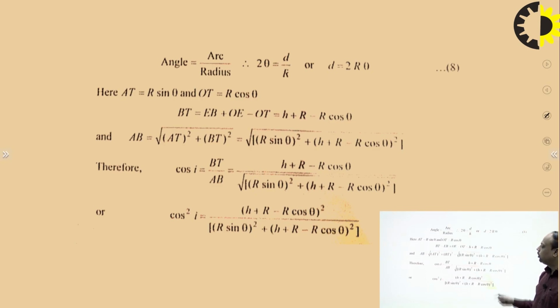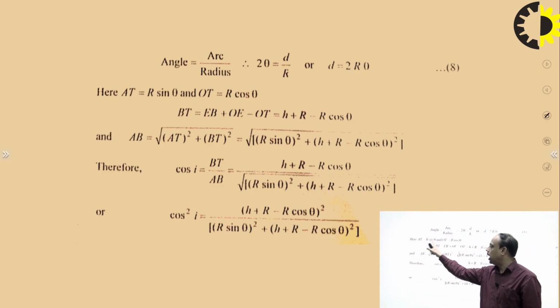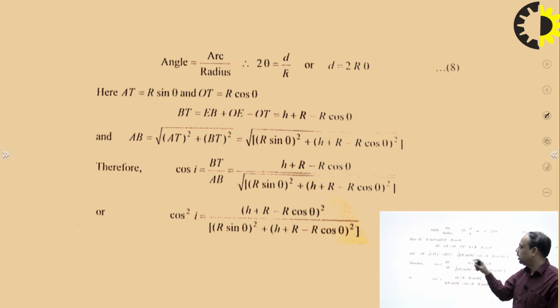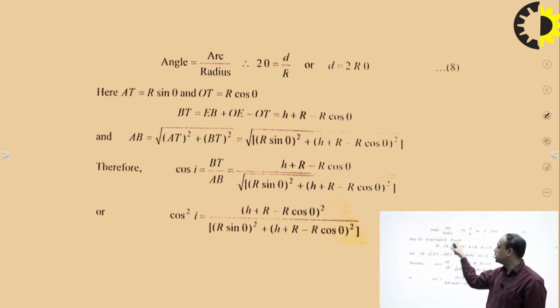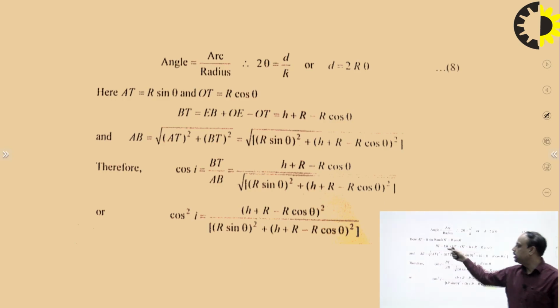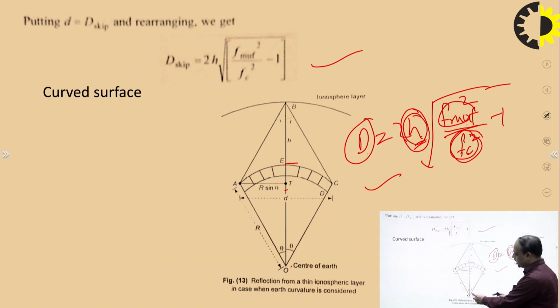Now we calculate this theta value with the help of different trigonometrical equations. AT is nothing but R sin theta, as we saw earlier in this lecture, and OT is equal to R cos theta. Then BT is nothing but EB plus OE minus OT. This is OT, this is EB, and this is ET.